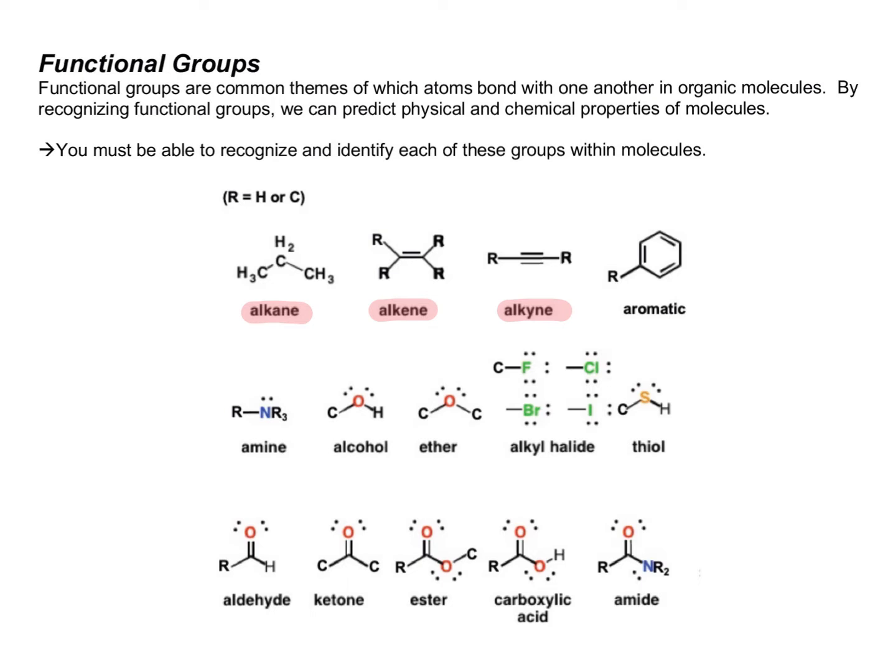If we see these groups as part of a larger molecule, and we want to draw the reader's attention specifically to a carbon-carbon single bond, carbon-carbon double bond, or carbon-carbon triple bond, we can refer to it as an alkane functional group if we're referring to a carbon-carbon single bond, where each of those carbon atoms of that so-called functional group is only bonded directly to other carbons and hydrogens.